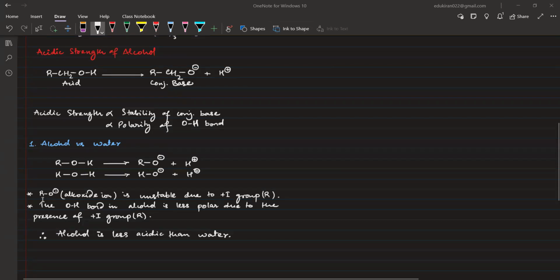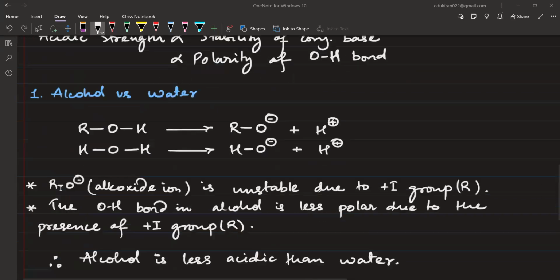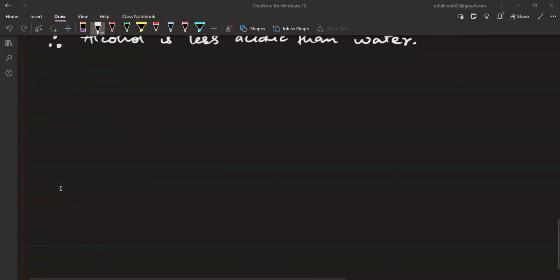Next, we will look at 1 degree versus 2 degree versus 3 degree alcohol.